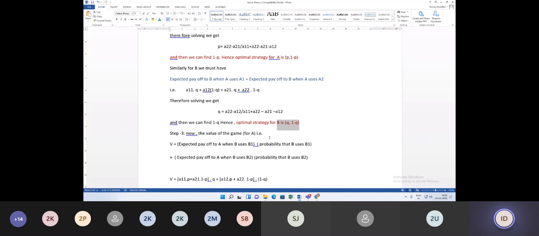The same equation here we use to calculate V, and putting in the values of P and Q and solving, we get the final value of V, and this will be the value of the game.